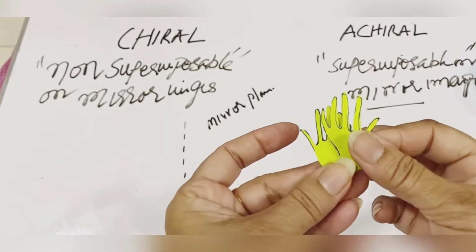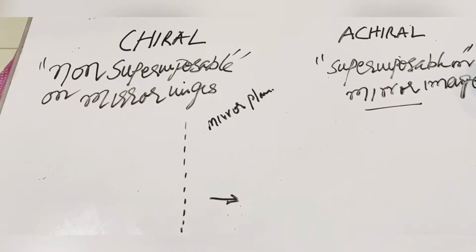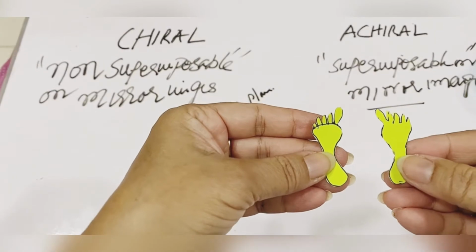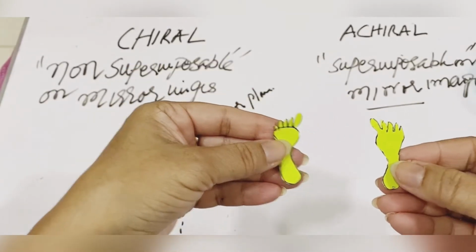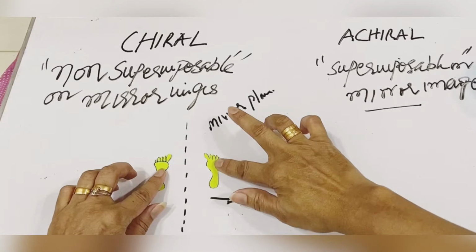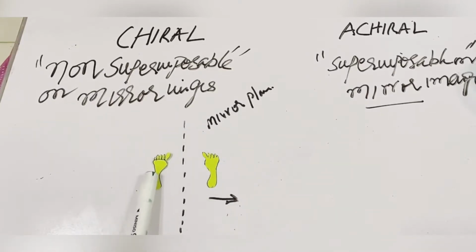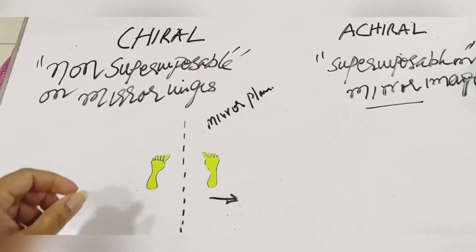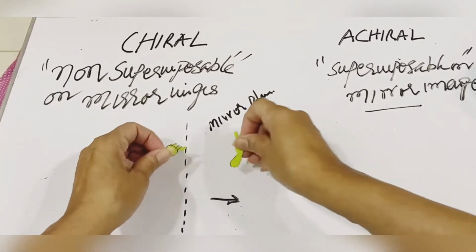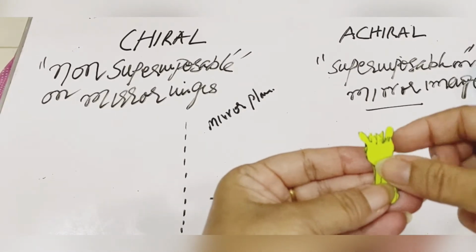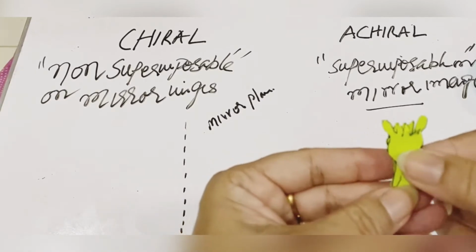So they fail to superimpose. Then we take an example of left foot and right foot. We put it here. You can see a left foot and a right foot. The left foot is there, and you can see its mirror image at the right side. Now let's superimpose them. No way. They can't be superimposed.